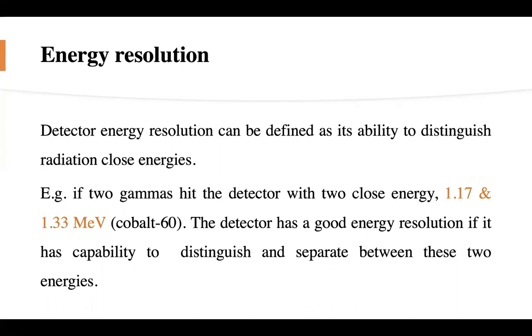For example, if cobalt or cesium is lost, how do we know which isotope is lost? This is the way to identify the radioactive isotopes or material: using a detector with good energy resolution.